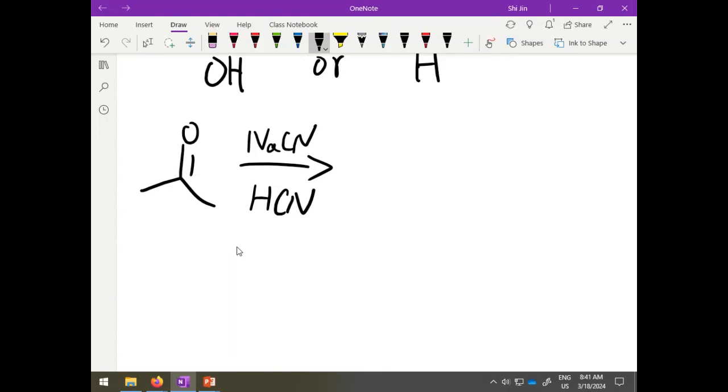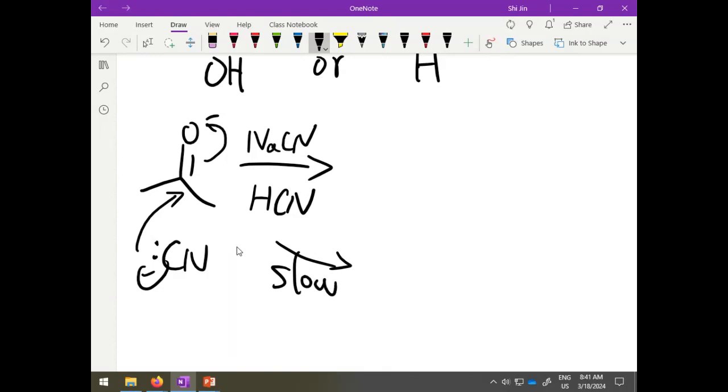And here the sodium cyanide could serve as a catalyst. Basically the cyanide ion attacks here. This is the rate limiting step. It gives you the corresponding alkoxide.